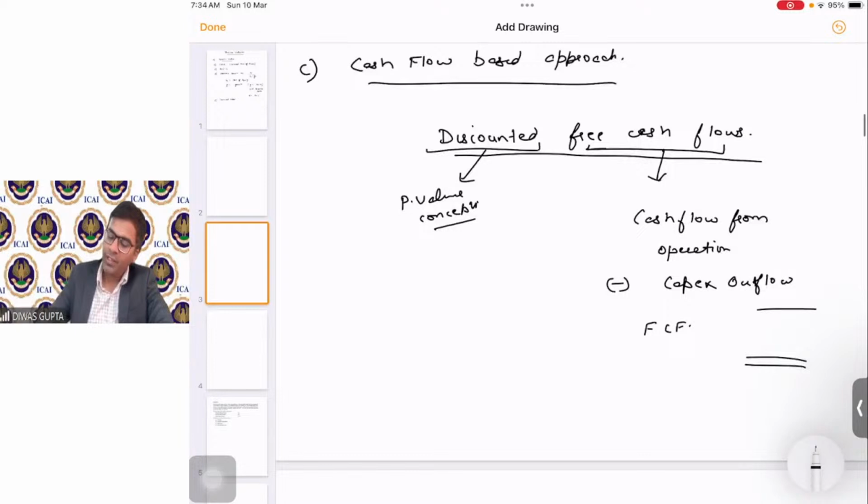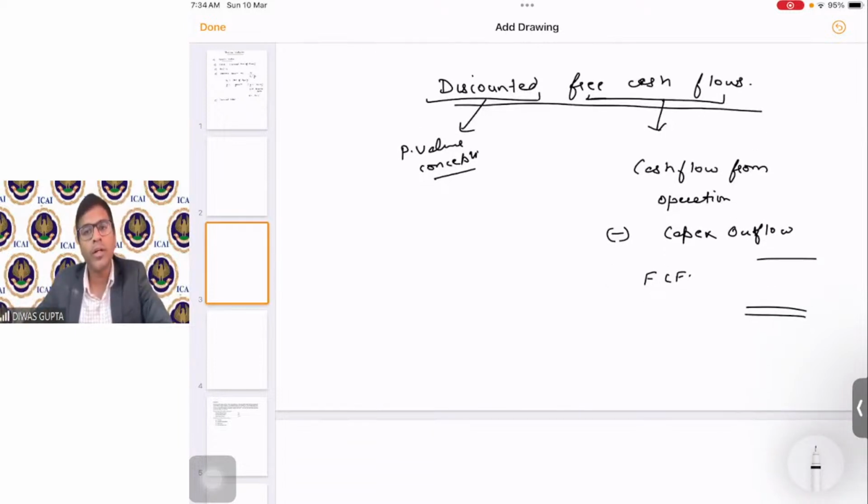Now we use, first of all, the discounted free cash flow method. In that, we calculate the free cash flows first for the future periods and then arrive at the discounted part and take the present value of that to arrive at the discounted free cash flow.